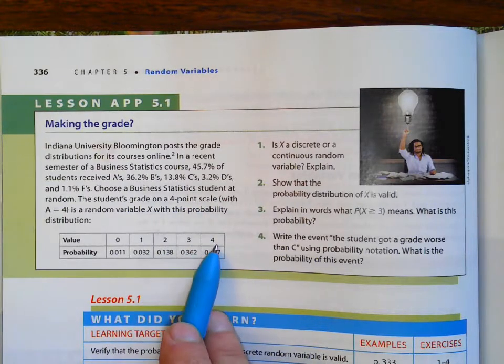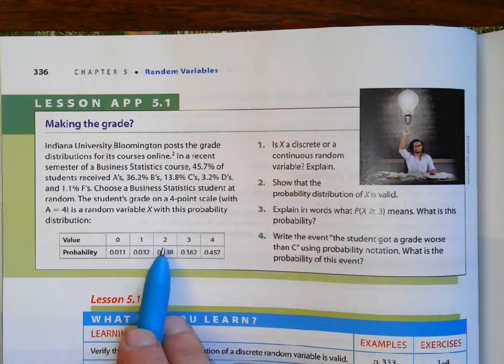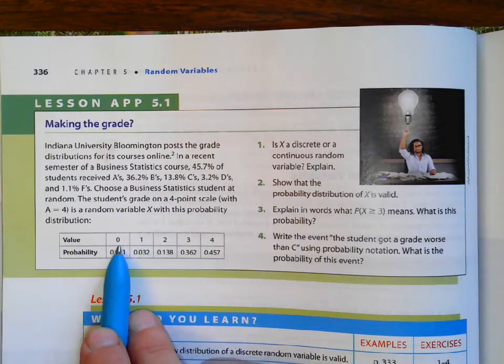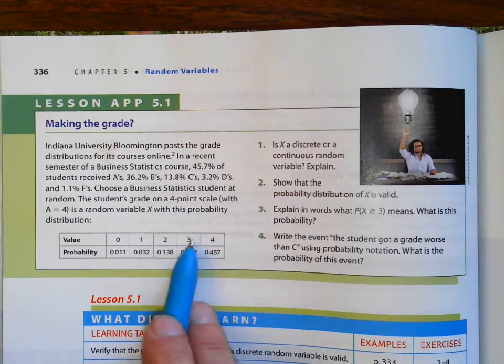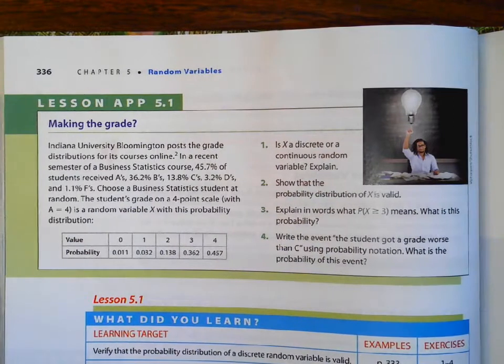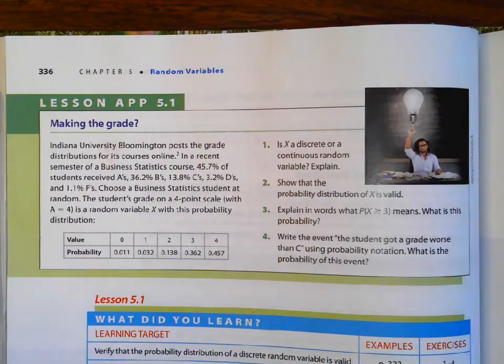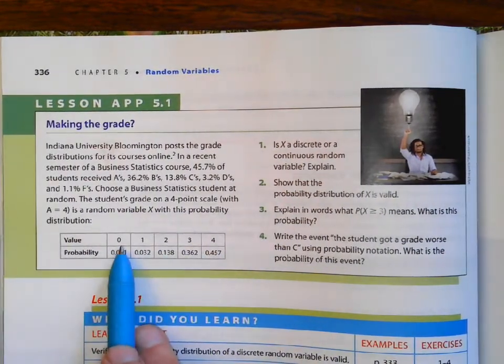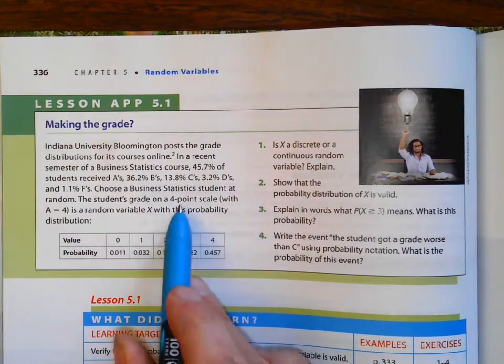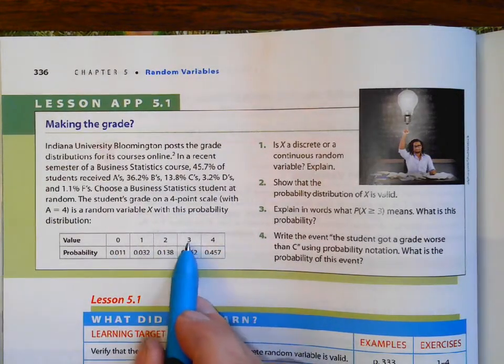So a 4 for an A, a 3 for a B, C, D, and F. Okay, so if I just had A, B, C, D, and F up here, that would not be a random variable because we have to have numbers up here. But since we put it on a GPA scale, 4-point scale, we got A, B, C, D, and F.